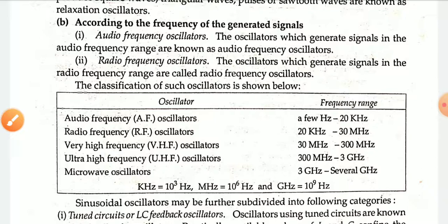Various kinds of oscillator can be classified for radio frequency, such as very high frequency, from 30 megahertz up to 300 megahertz, and for 300 megahertz to 3 gigahertz it is defined as ultra high frequency. In such a way they are classified.